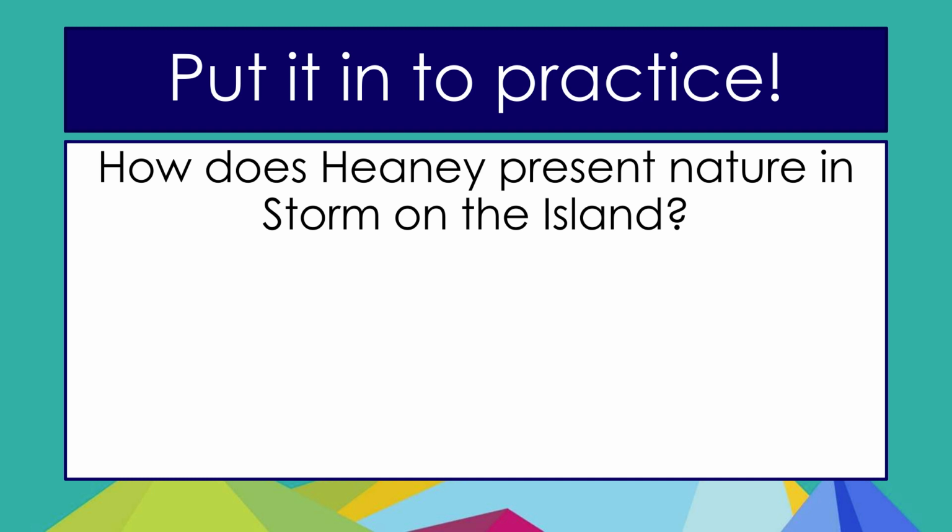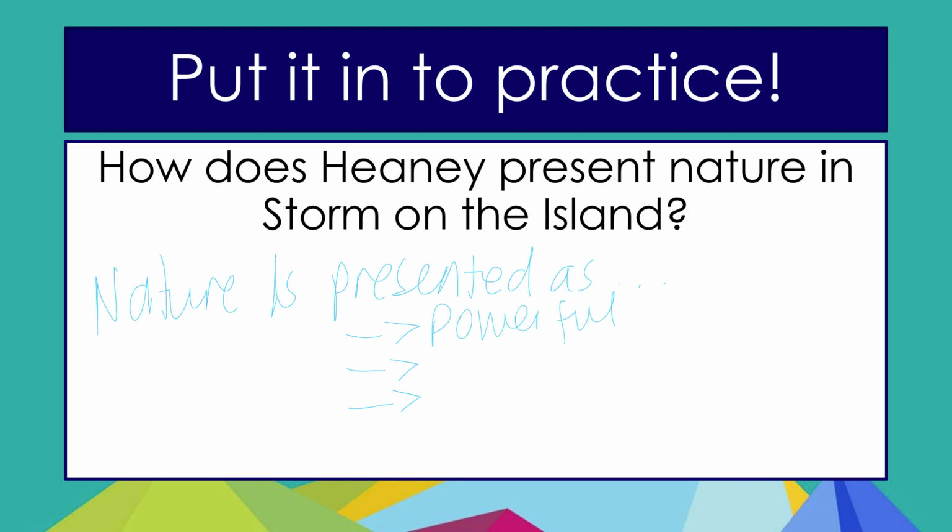So what you're considering here is that nature is presented as, okay? And then I want you to think of 3 different adjectives that you would say Heaney presents nature as. So an obvious one is powerful, but I bet there are 2 more that you could find.